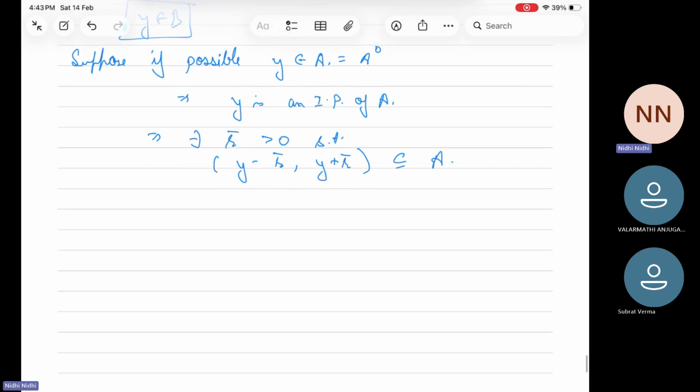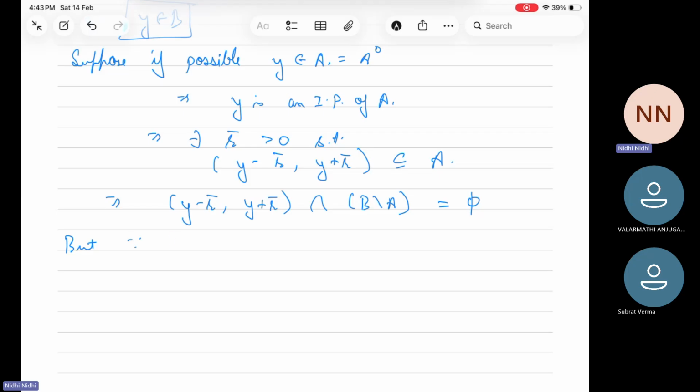That means (y minus r bar, y plus r bar) intersection (B minus A). Now, since this interval was completely in A and we are discarding the set A from B, this intersection will be empty.